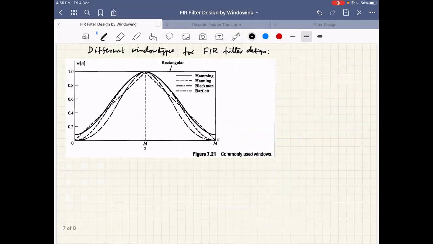So people have extensively experimented on different window functions other than the rectangular window that we have seen before.